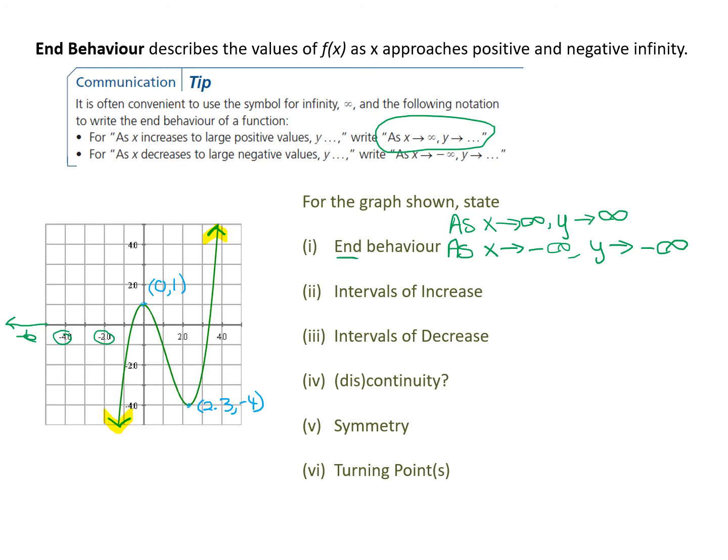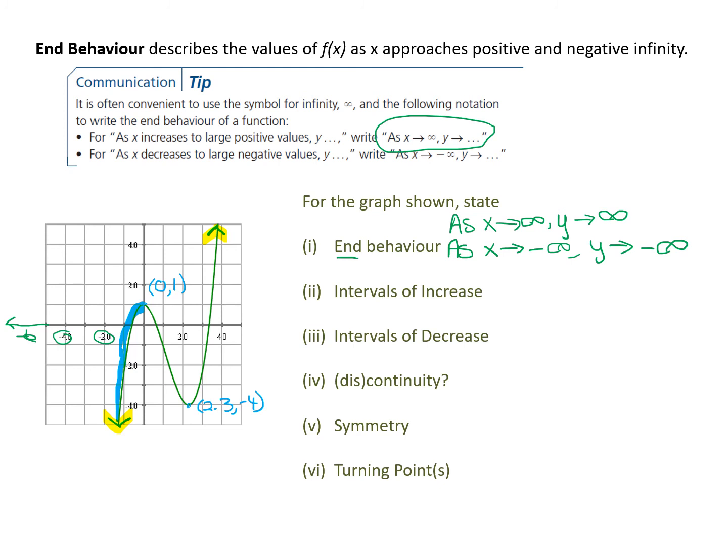So the intervals of increase. I'm going to switch to a highlighter. This is increasing, increasing, increasing, increasing, increasing. That highlighter is not that great. Okay, so this whole part here is increasing. So there's my first interval of increase.